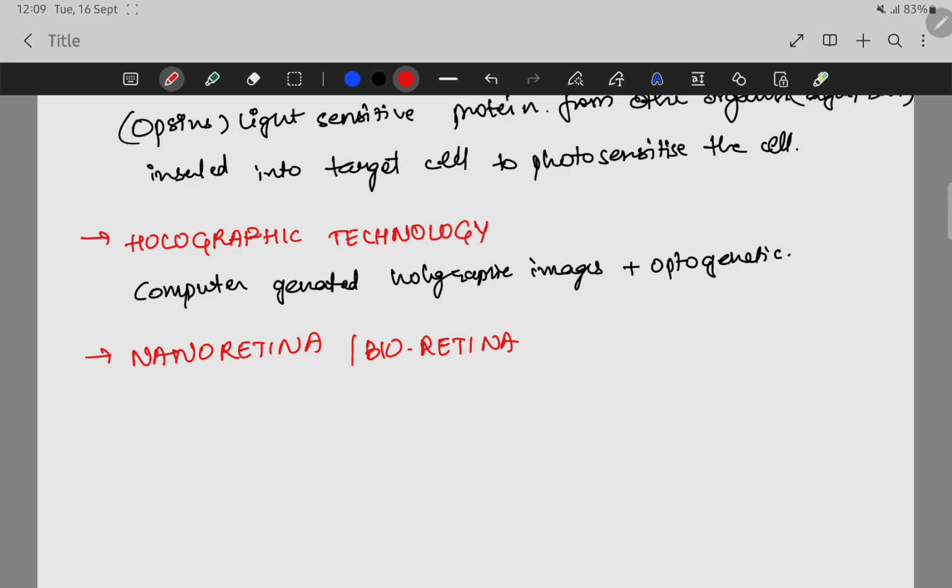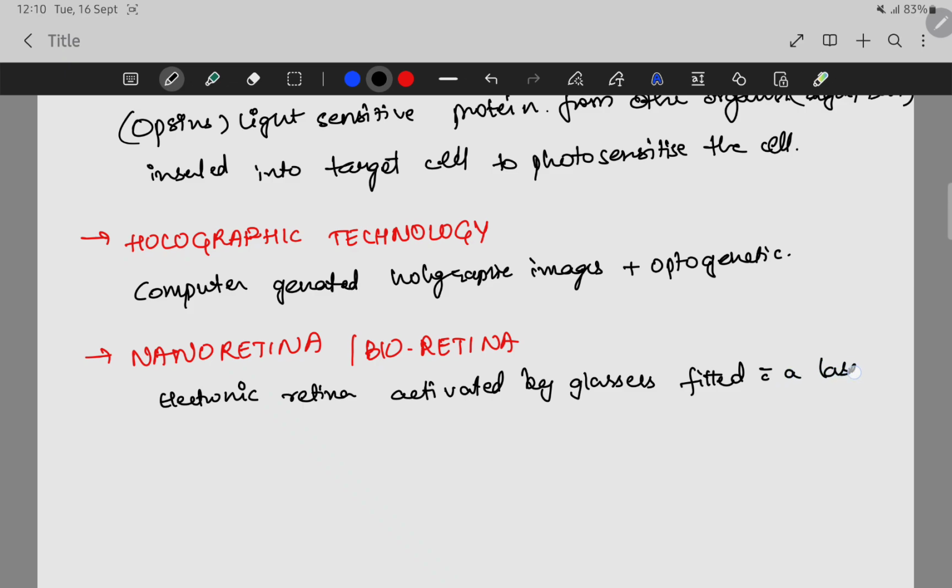It is an electronic retina which is activated by glasses fitted with a laser energy source.